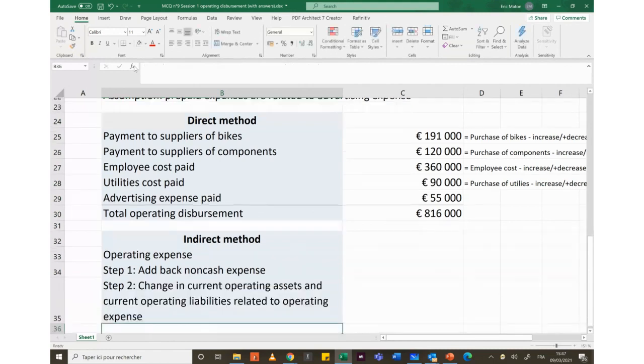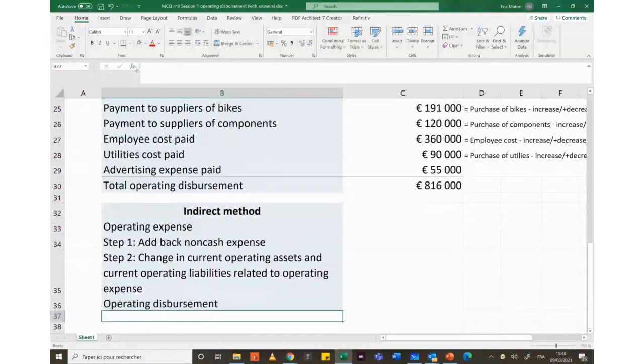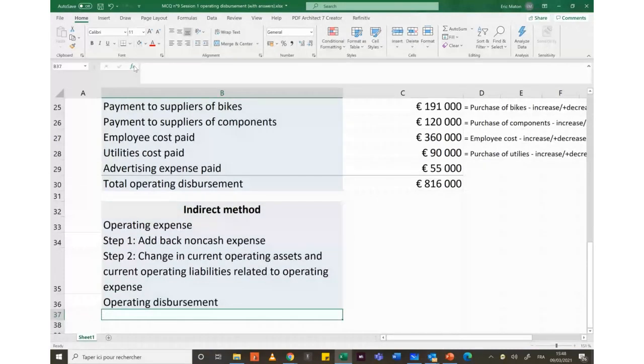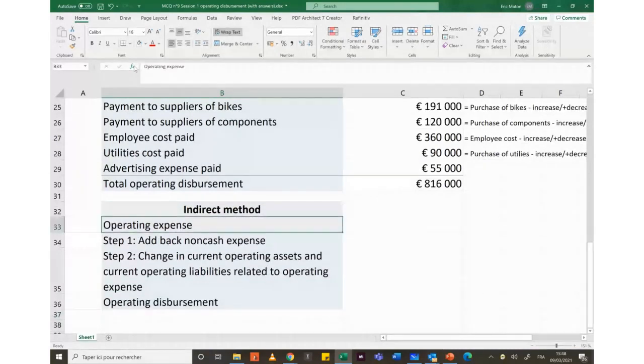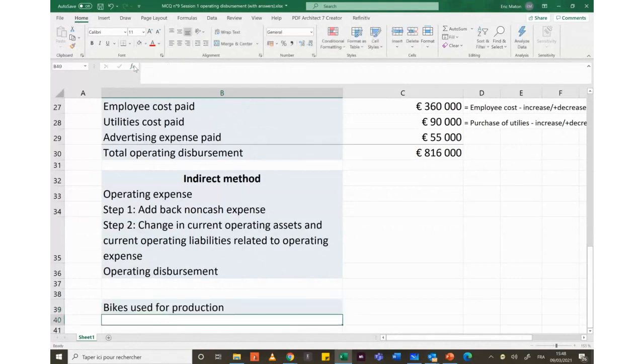Okay, and I finish with the operating disbursement. So for the calculation of the operating expense, I need the bikes used for production. I need the components used for production.